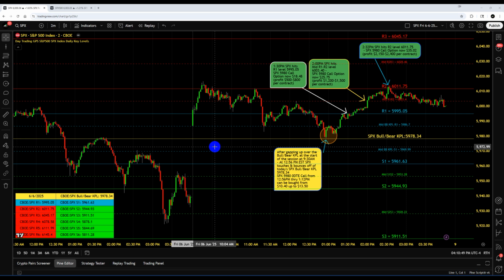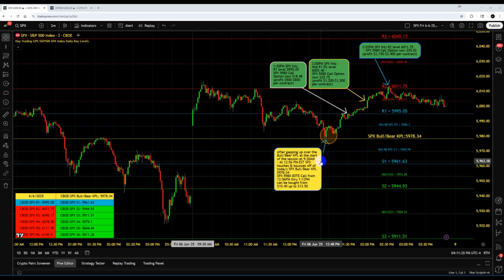So the play here is to see if the price will return back to the bull bear key price level, and then what it does once it does that. Will it bounce off of it and resume the upward momentum, or will it change course, go and fill the gap down here at least, and start closing below the bull bear key price level?